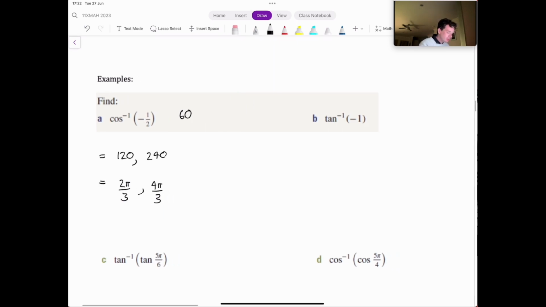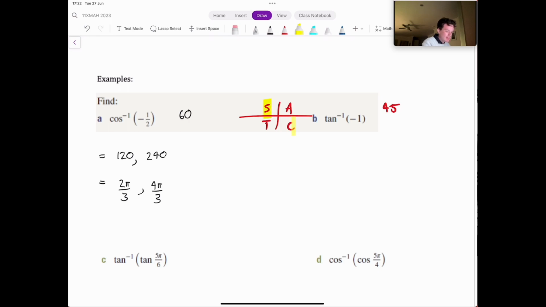So tan inverse of minus 1. Well, on your calculator, don't ever type in tan inverse of minus 1, type tan inverse of 1. That's the same with this one here. Never ever type into your calculator cos inverse of minus a half. Type in cos inverse of a half and then use all stations to central. So tan inverse of 1 is 45 degrees, but it's negative 1, so all stations to central.